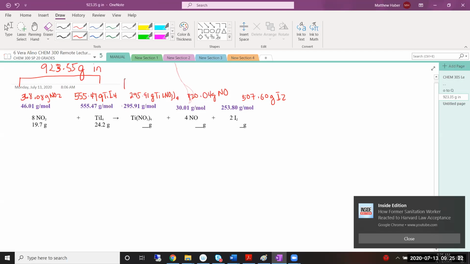And the amount coming out from the reaction, if they are all in stoichiometric amounts, the amount of products coming out must also be the same. Okay, remember the law of mass conservation. What comes in must come out, and so the masses must be equal.